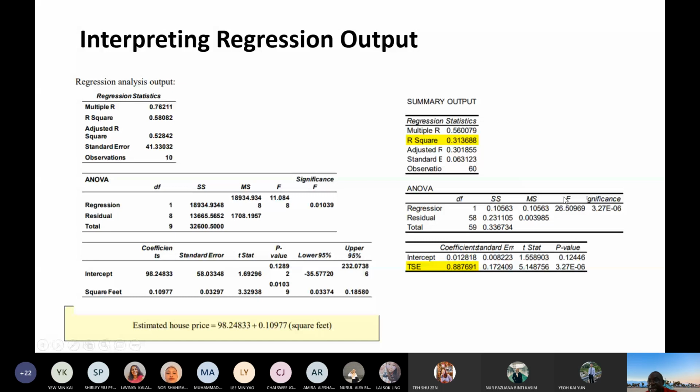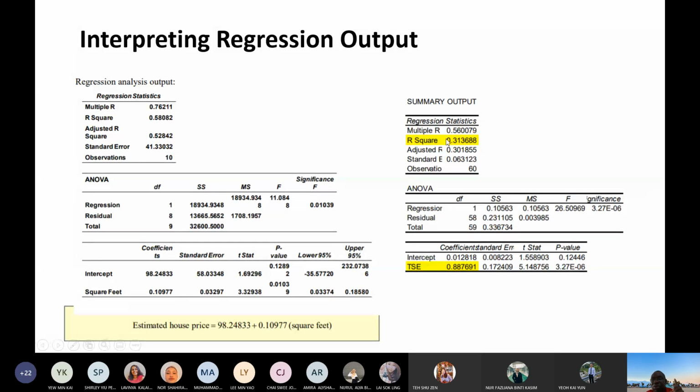Again, when we look at the other table at the other side, we have to notice something. Here, the R square is 31%. I think this is about the stock market. Yes, this is about a stock market estimate.